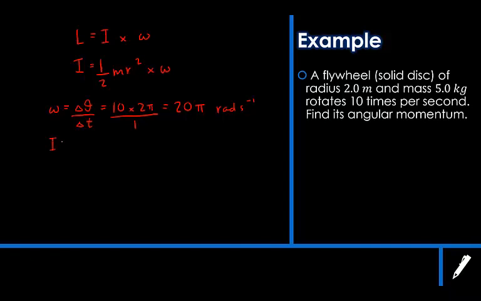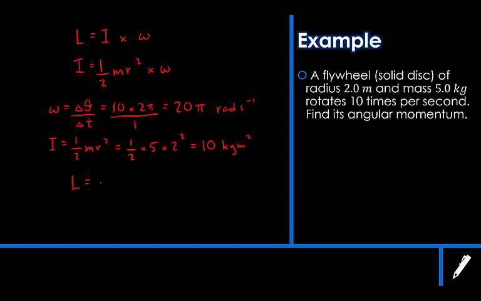I is equal to half m r squared, which is equal to 1/2 times 5, which was the mass, times 2 squared, which is equal to, what's a half times 5 times 4? 5 times 4 is 20, divided by 2 is 10 kilogram meters squared.